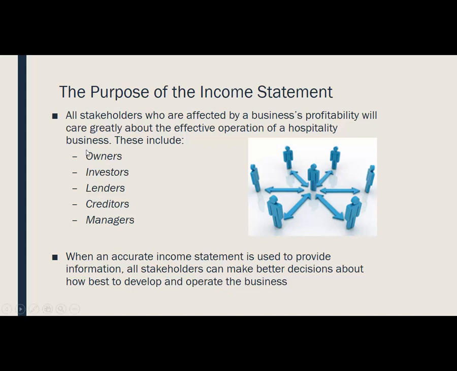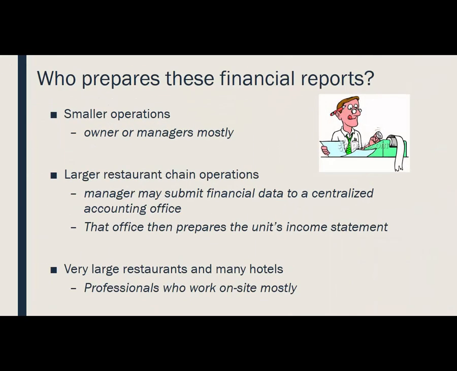So these would all be stakeholders. So people that are affected by the operations of this business, they can all make a better decision. They can all know more about the company if income statements are prepared properly and ethically, so with accurate statements.